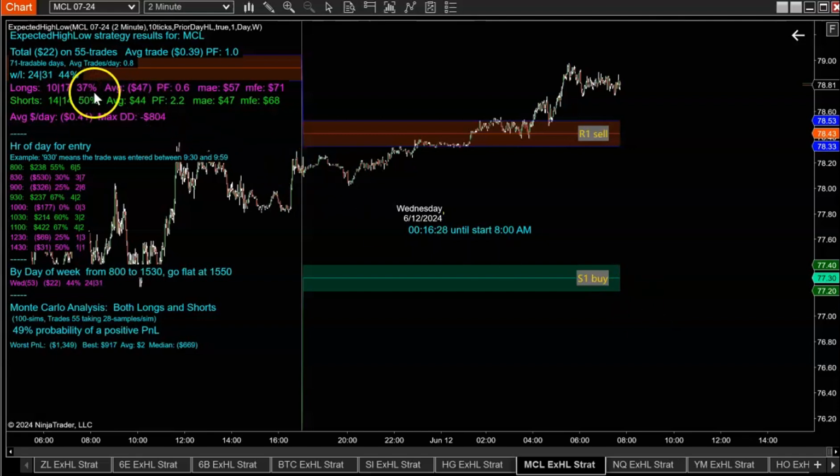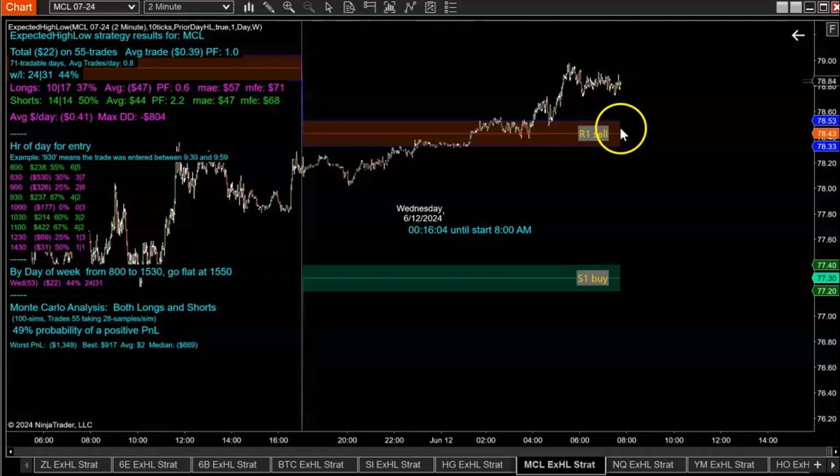And conversely, if we hit the upside with the R1 sell level, that's a 50-50 proposition, but usually we get a really good profit factor on that. The winners are 2.2 times the losers' sums. So something to consider. If we do go short at R1, that's not a bad proposition.